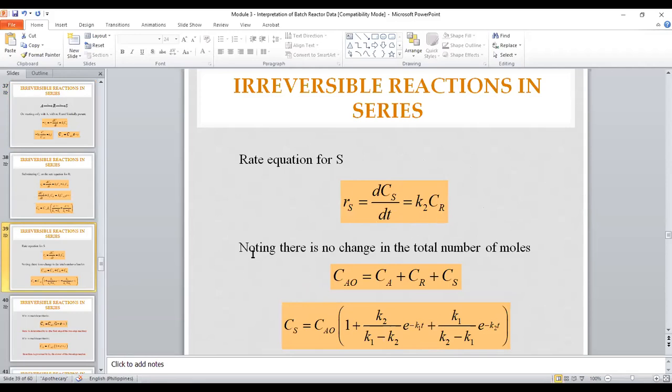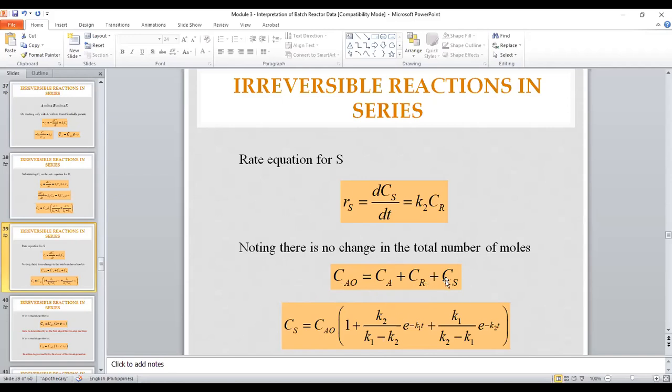Now, noting that there is no change in the total number of moles, whatever is initially present for A would be equal to the sum of what is present of A, R, and S at any particular time. Let me explain this. The initial concentration of A is equal to whatever is left of A plus whatever is formed of R and S, which was taken from A. I think this is very common sense.